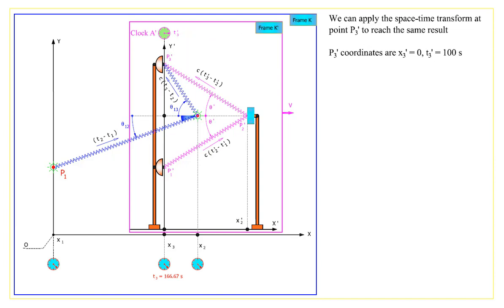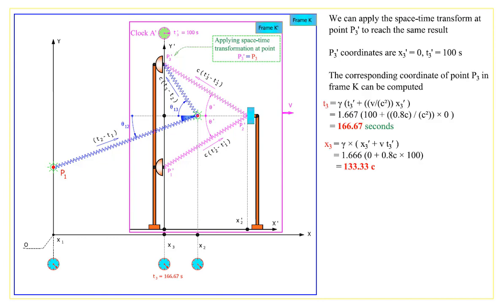We can apply the spacetime transform at point P'3 to reach the same result. P'3 coordinates are x'3 equals 0, t'3 equals 100 seconds. The corresponding coordinates of point P3 in frame K are found to be T3 equals 166.67 seconds, x3 equals 133.33 c meters.